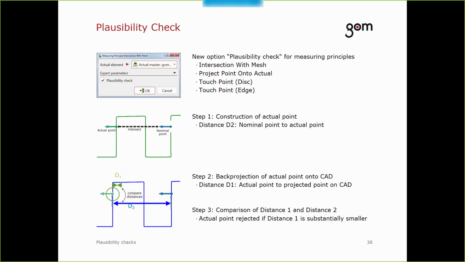The second step is the back projection of the actual point to the CAD. Now the 3D distance between the actual point and the back projected point is computed. These two distances are compared in the third step. If the two distances differ substantially, the actual point is rejected. In this way, the software avoids implausible constructions and measurement results.